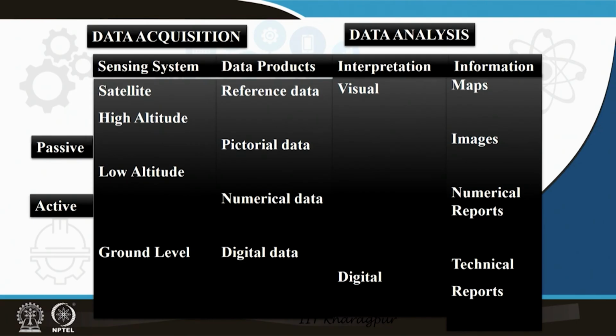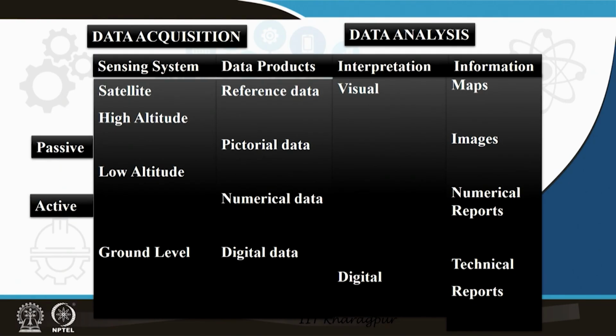Once you have acquired these kinds of data products, the next step is to interpret. What I am trying to tell you is how remote sensing progresses, how you capture the data and how it forms information for the user. So the next thing is interpretation.